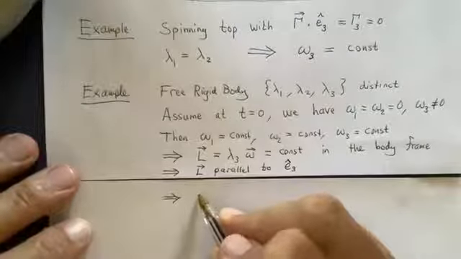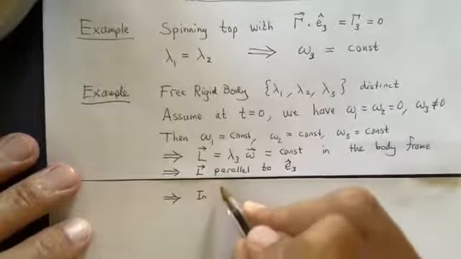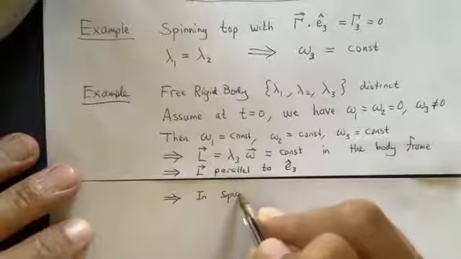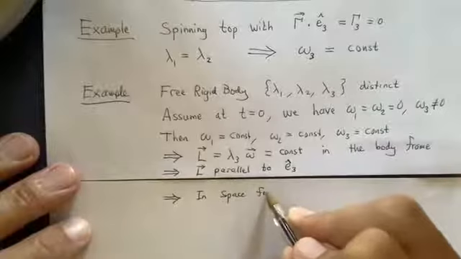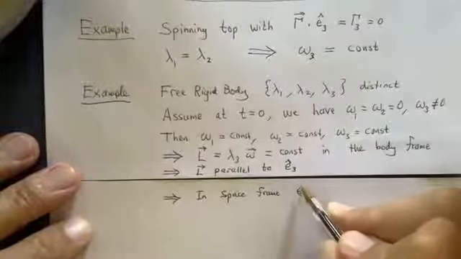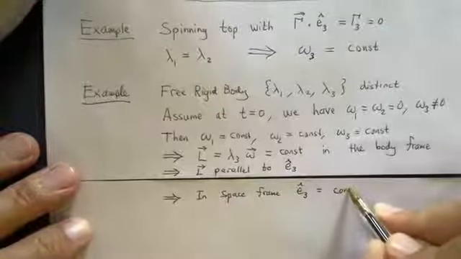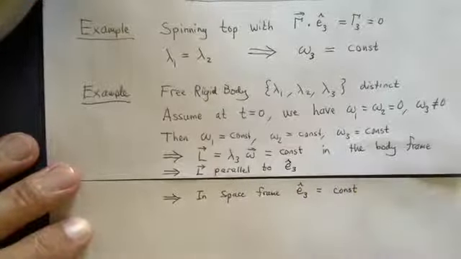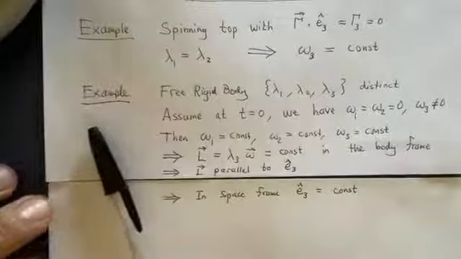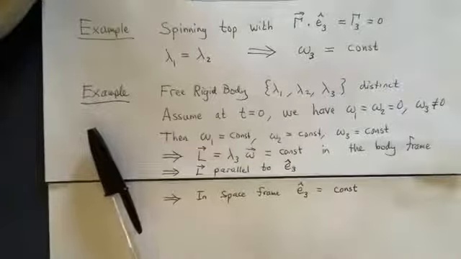So we can conclude, okay, so in the space frame, this number 3 unit vector is a constant.